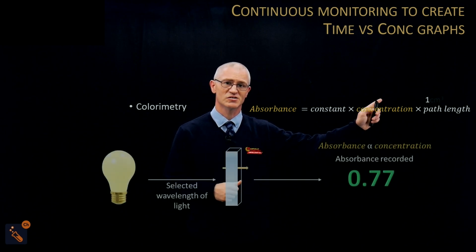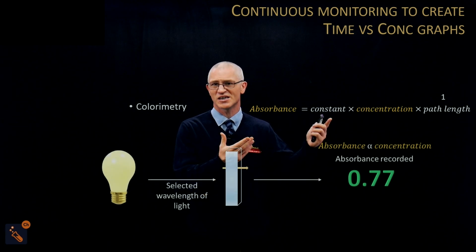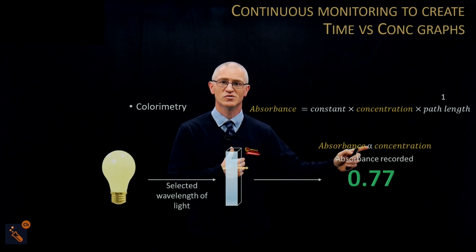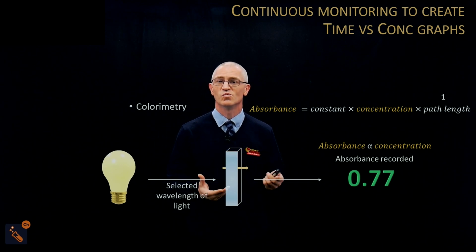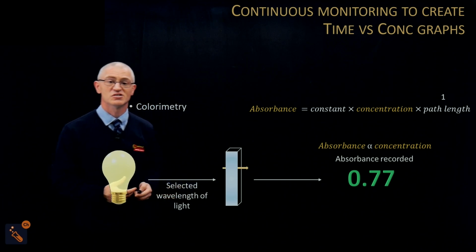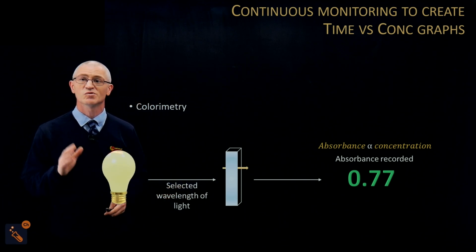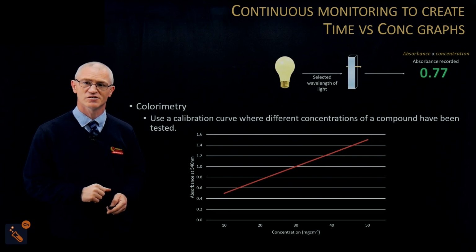If that's 1, we can ignore path length. And because there's a constant there, absorbance is proportional to concentration. So if we know the absorbance, we can work out the concentration. But how would we do that? How do we work out the concentration from the absorbance? Well, we would do it using something called a calibration curve.